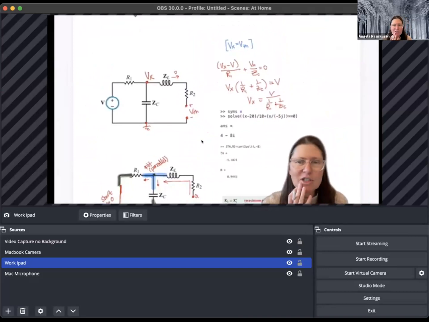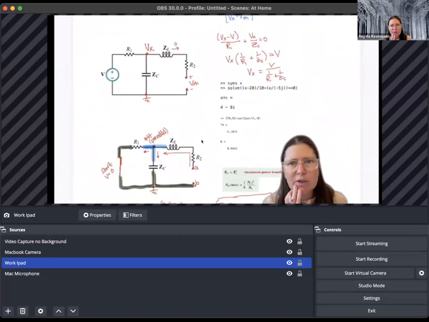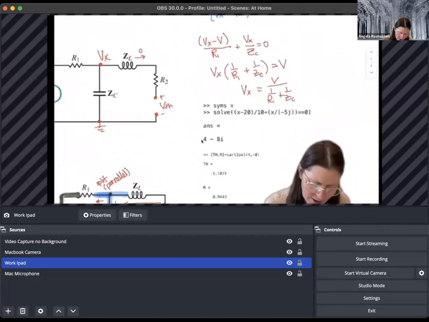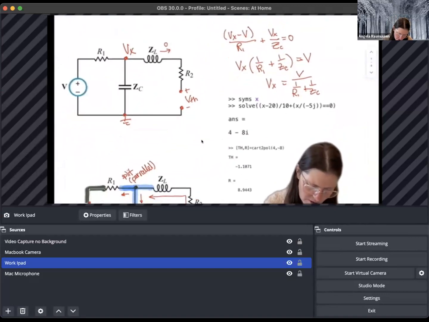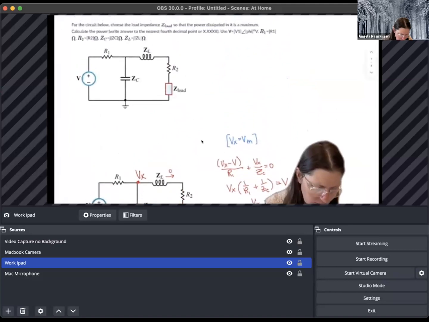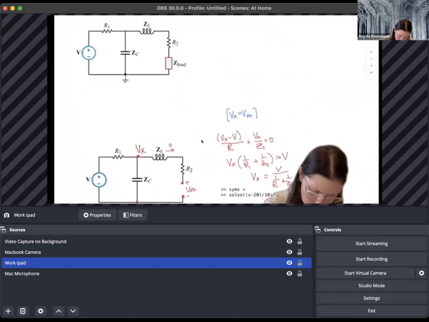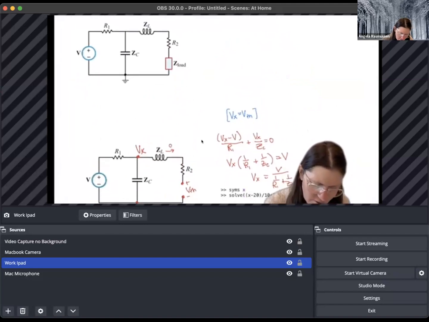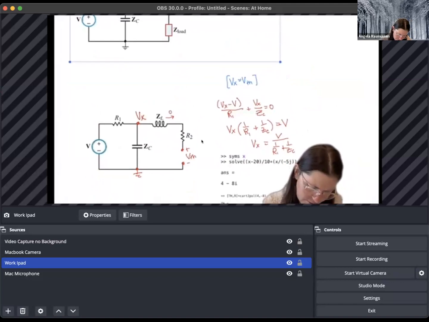I usually solve it generically in terms of the V, and then at the very end I'll put the V in. In this case, the V is going to be V1.